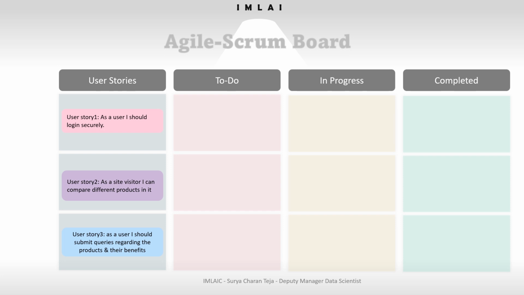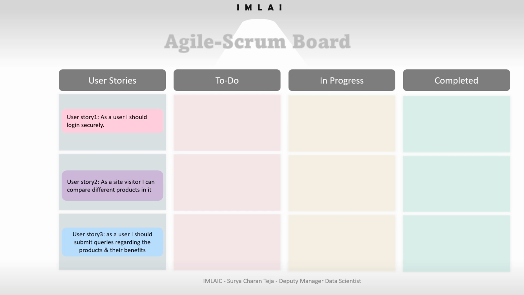User story one is, as a user I should log in securely. User story two, as a site visitor I can compare different products. User story three, as a user I should submit queries regarding the products and their benefits. These are the user stories that are available with me.